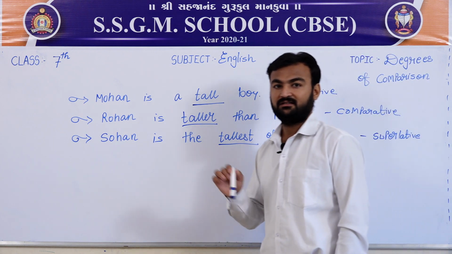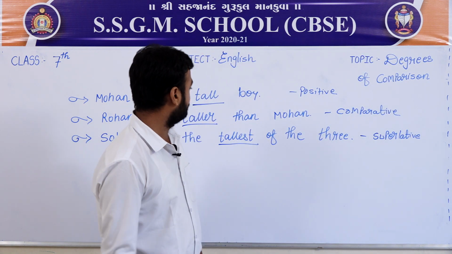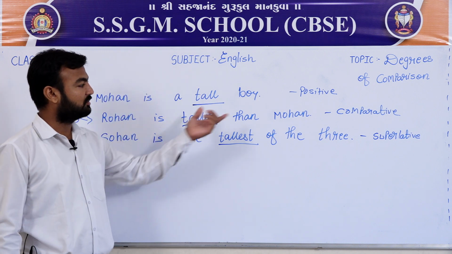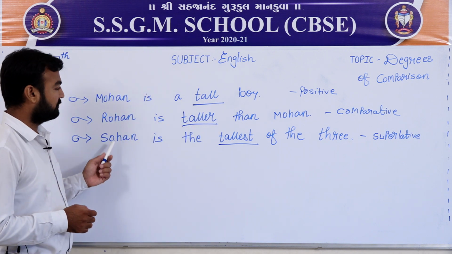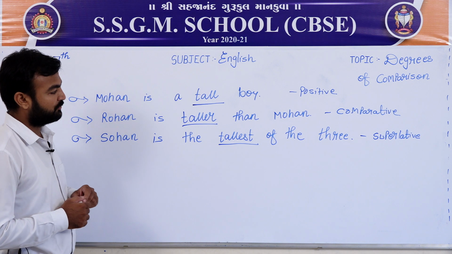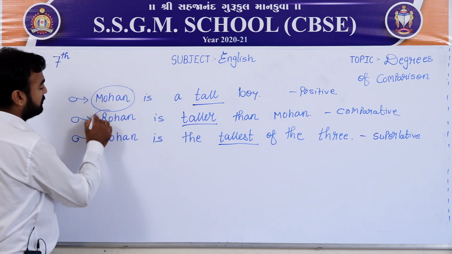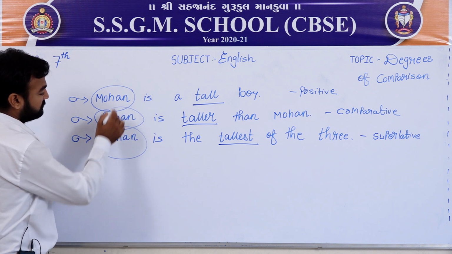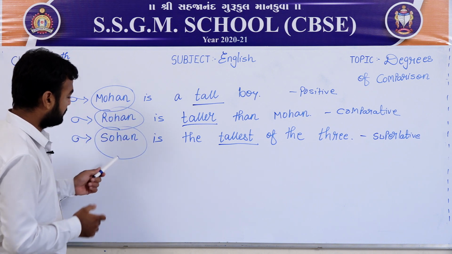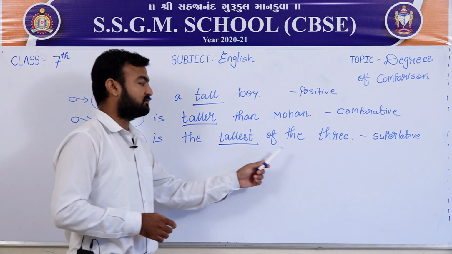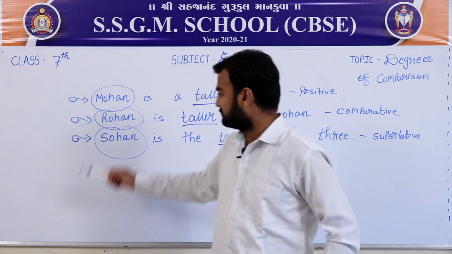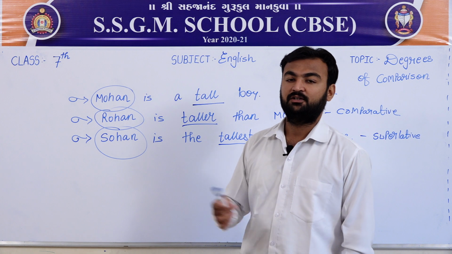In the third sentence we compare all 3 persons, Mohan, Rohan and Sohan. Among these 3, Sohan is the tallest.